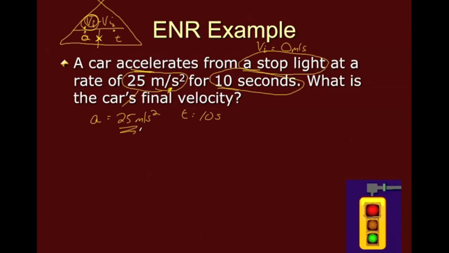Now, the two pieces of information they give us are acceleration and time. If we plug it into the formula triangle, it's going to be 25 meters per second squared times 10 seconds. It's going to give us a final velocity of 250 meters per second. So what that's saying is for 10 seconds, that car is going to accelerate every second 25 meters per second.